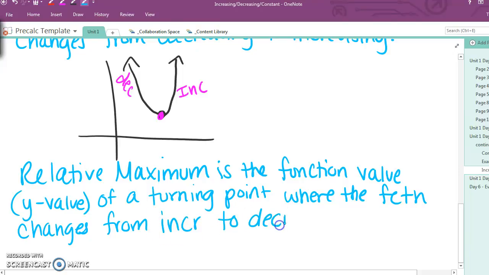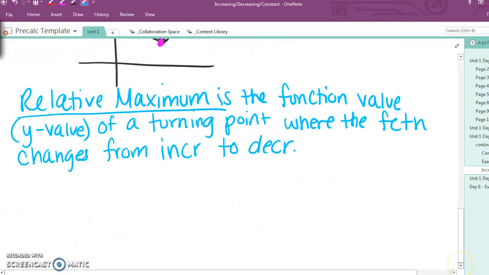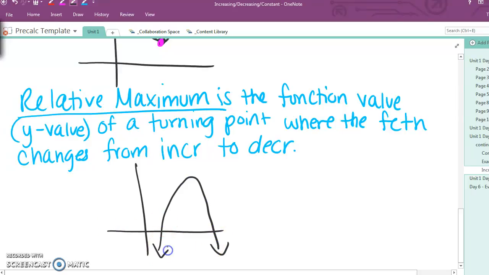So this time it's already increasing and then it changes to decreasing. That's a relative maximum. So for example, if I have a parabola opening down, this point up here would be your relative max because the graph is increasing in this section and then it begins decreasing. That point is your relative maximum.